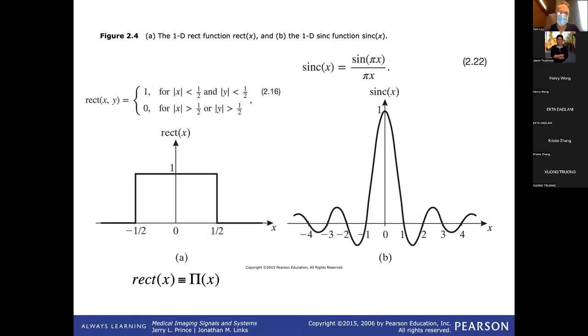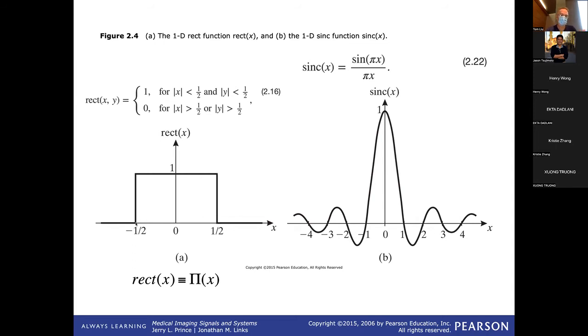So two functions that come up all the time when we're doing imaging are the rectangle function and the sinc function. And the rectangle function is defined for this course like this. It's 0 until you get close to the origin at the x value of 1/2, goes to unity, to 1, and then when you go past 1/2, it goes back down to 0.